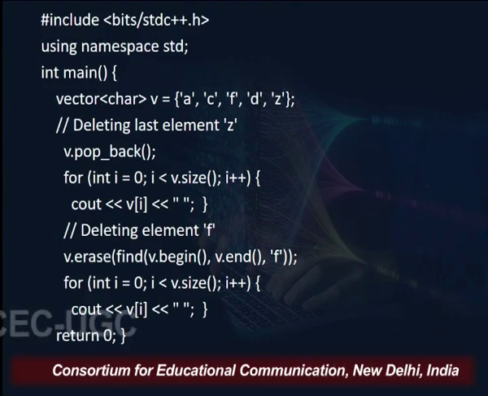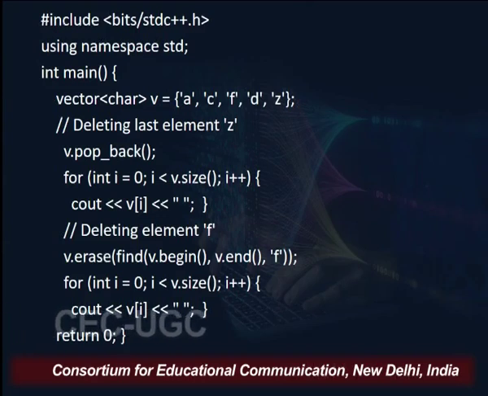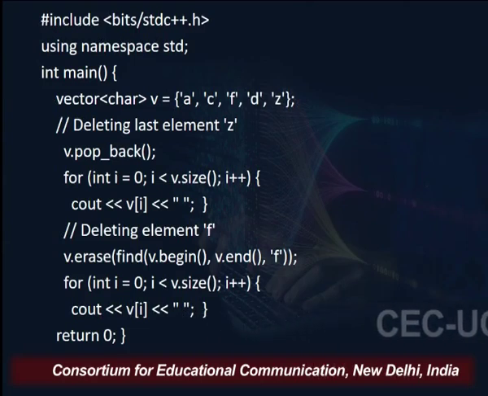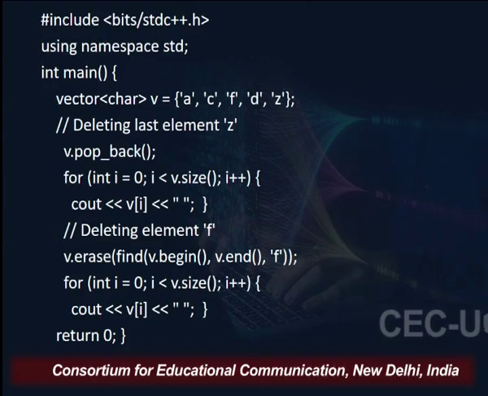Now, let us say we want to delete more elements. So, we can use v dot erase, but this v dot erase is looking for the position of the element which you want to erase. The element which we want to erase is f, but as we are not aware of the position, we will look for the position using the method find, and this method find takes the parameters v dot begin and v dot end.